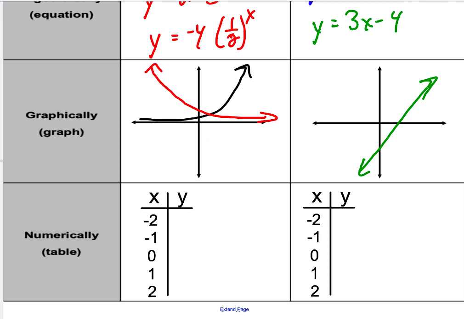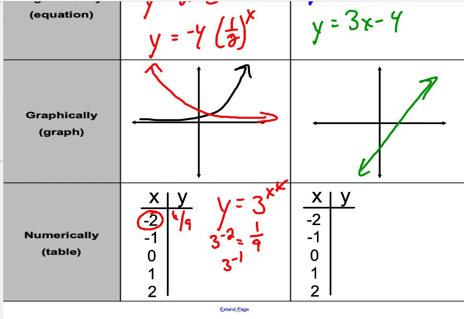So in a table, it's going to look something like this. So maybe we have y equals 3 to the x power. If I plug in a negative 2, it's going to get plugged in for my exponent. So that's 3 to the negative 2 power, which is really 1 over 3 to the second power, which is really just 1/9.